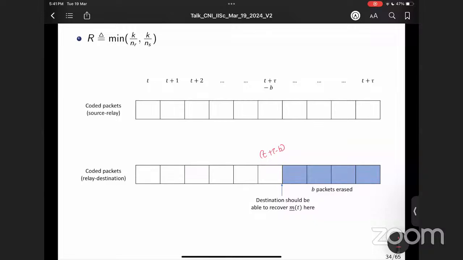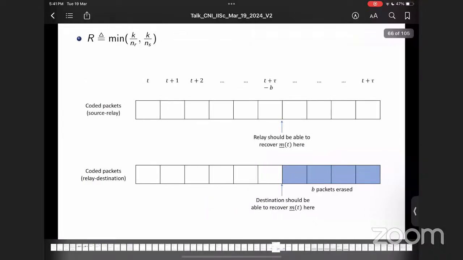Recall that whatever message packets are received by the destination are forwarded by the relay. So if the destination should be able to recover m of t by time t plus tau minus b, then the relay also should have that ability. The relay should be able to recover m of t by time t plus tau minus b. On top of that, on the first link, there could be B burst erasures happening.